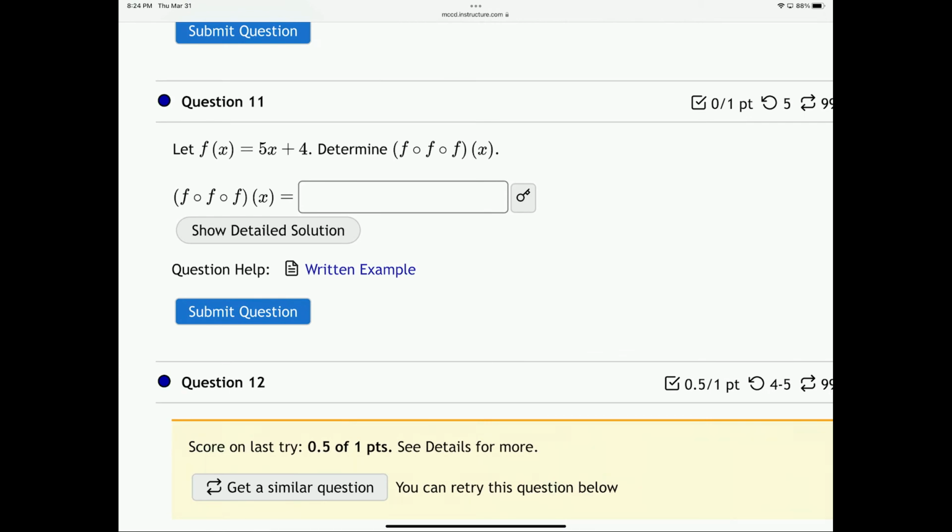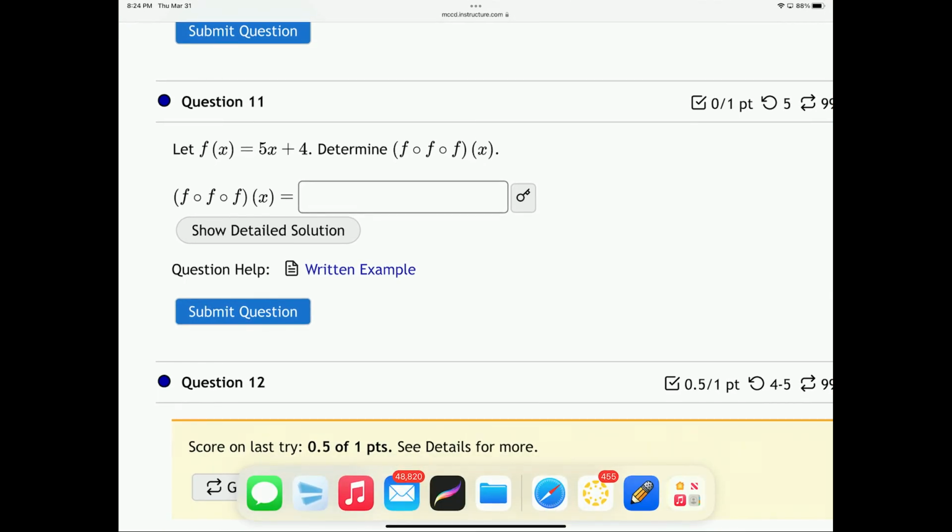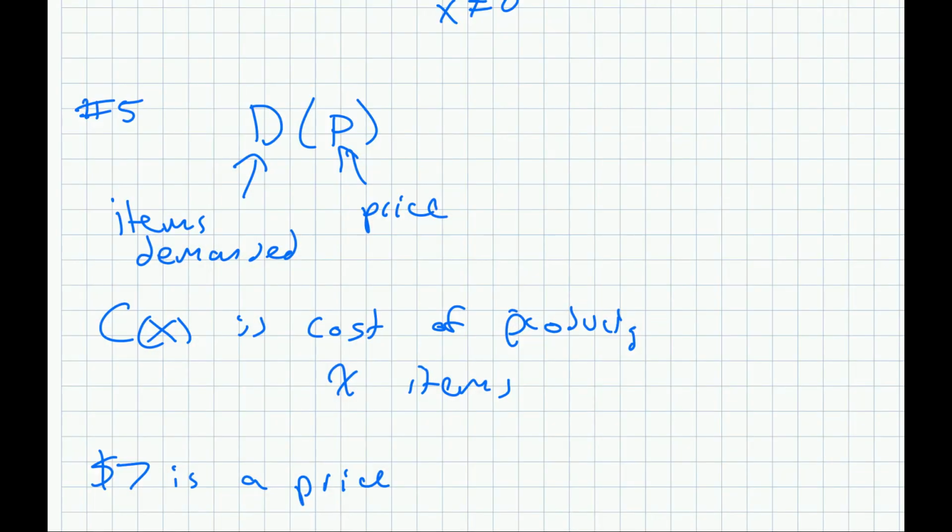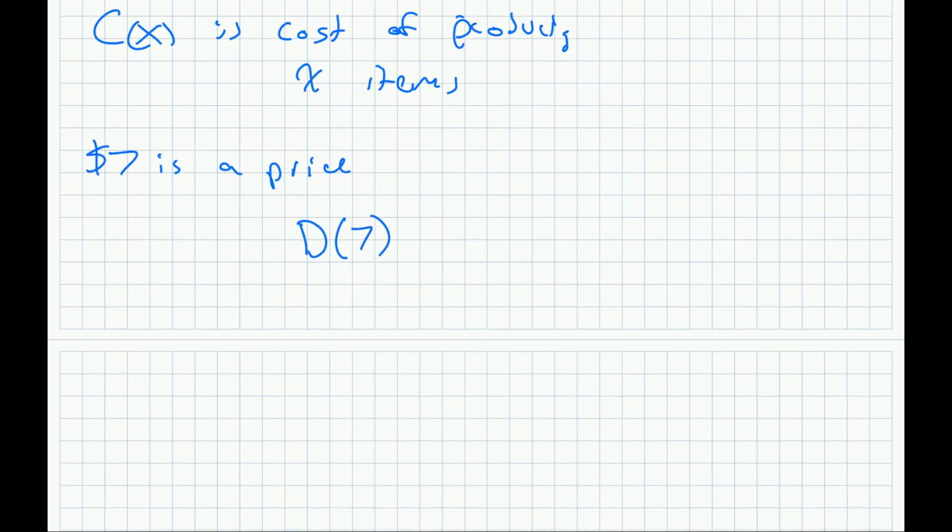f of x is 5x plus 4, and we want f of f of f of x. Let's do that. f of f of f, three f's, right? And I'll show you how to do this on a computer as well. But how would you do this?